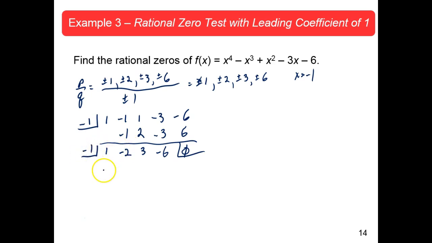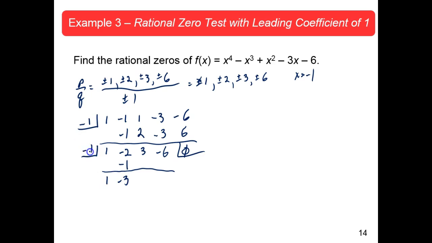And what's your next step? Skip a line, draw a line. Then you bring down the 1. And you get negative 1. And what do you get?